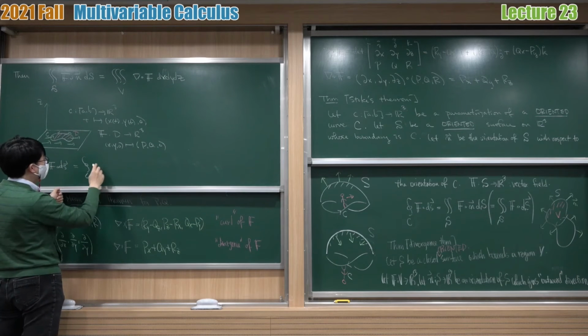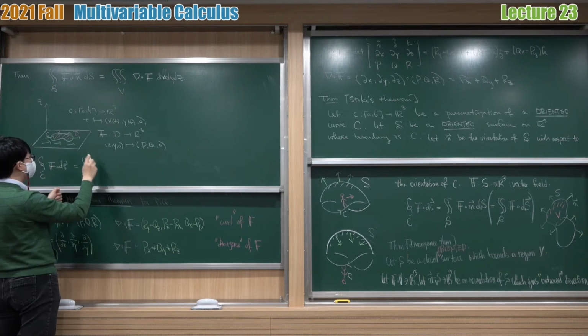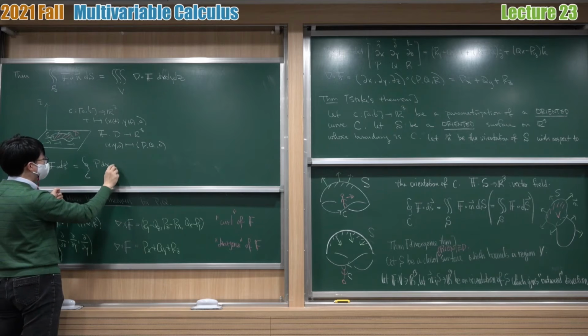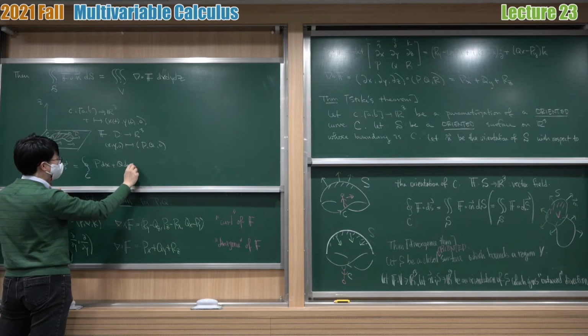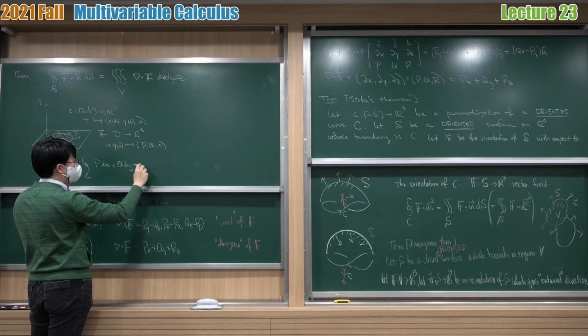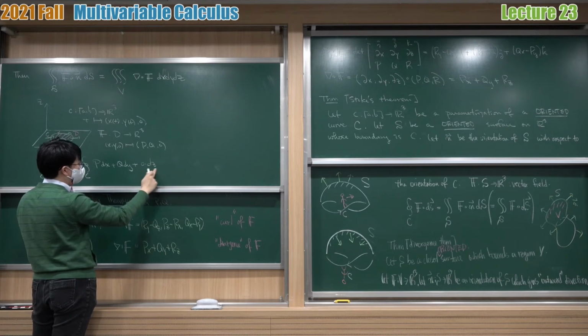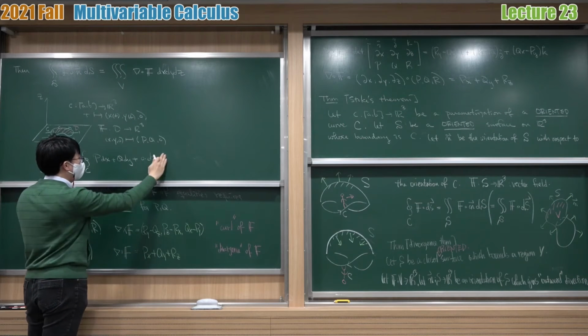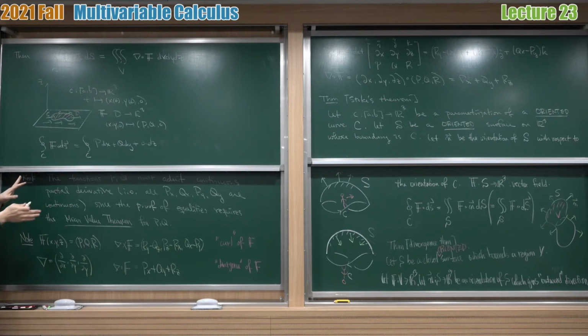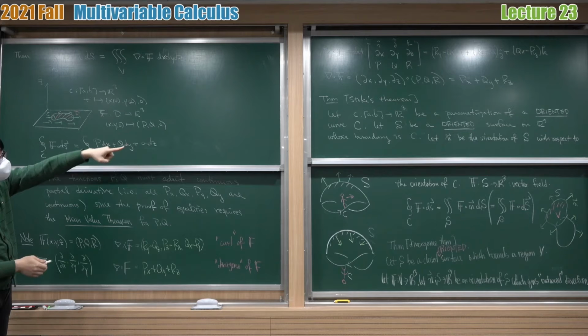Okay, so then this equals p dx plus q dy plus, now we have zero components, so 0 dz, so that disappears. So that's the left-hand side of the Green's theorem, and exactly the same as in the Stokes theorem.